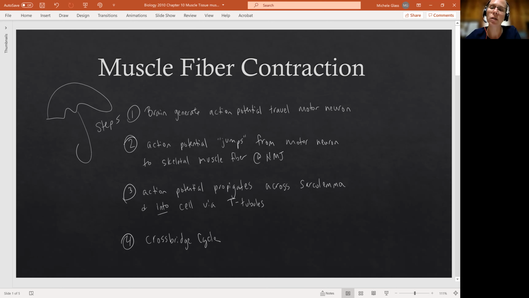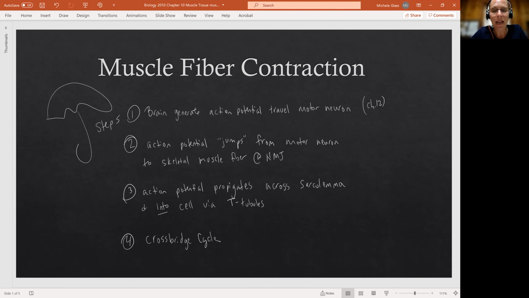Now, this information we're going to really be picking up pretty heavily in chapter 12, so we're going to get into it in a little more detail in the future. We've already started looking at the steps of what's happening at the neuromuscular junction, but we're going to lay those out in a little more detail.